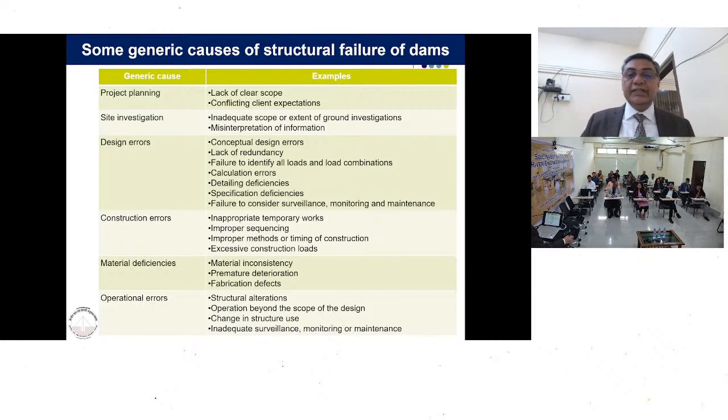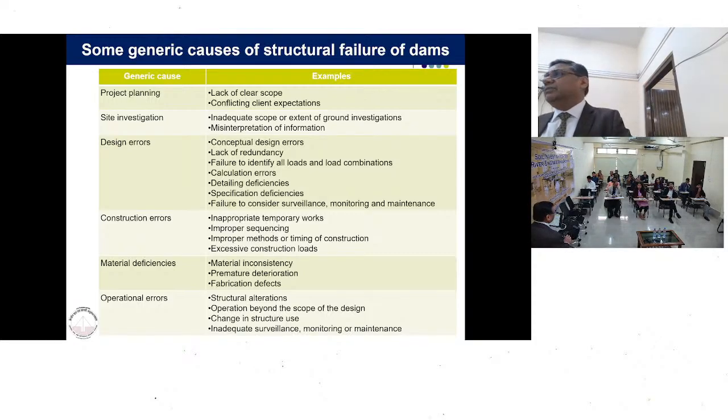Then site investigation: inadequate scope or extent of ground investigations, misinterpretation of information. Now somebody will say, how can interpretation be missed? How can there be misinterpretation of the information? What is the information you get when you are going to conceptualize a structure?